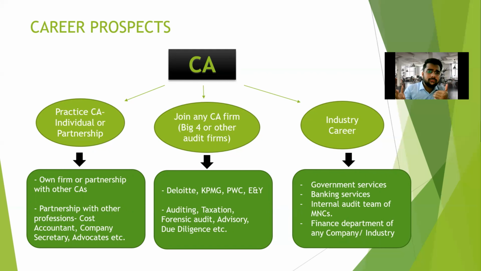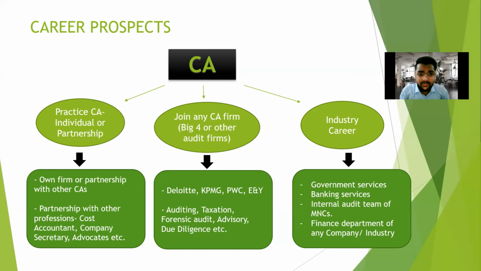Now, why not join with other qualified people also? Like that's what you can see here, partnership with other professions like cost accountants, company secretaries, advocates, etc. So it's always good to have a combination of multiple qualifications, right?